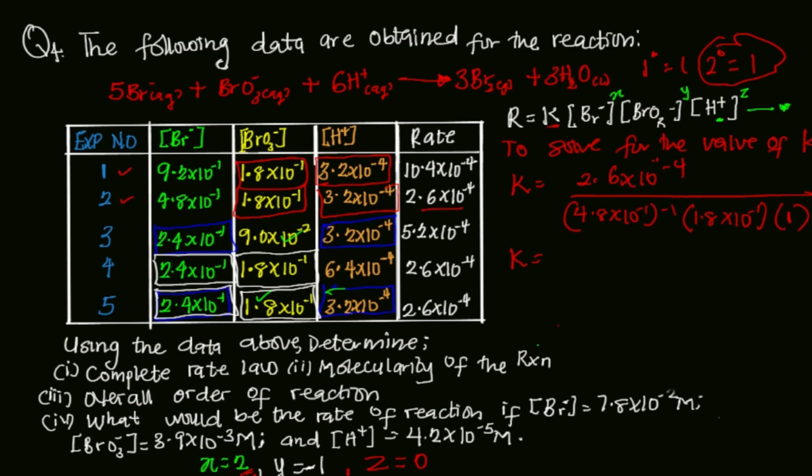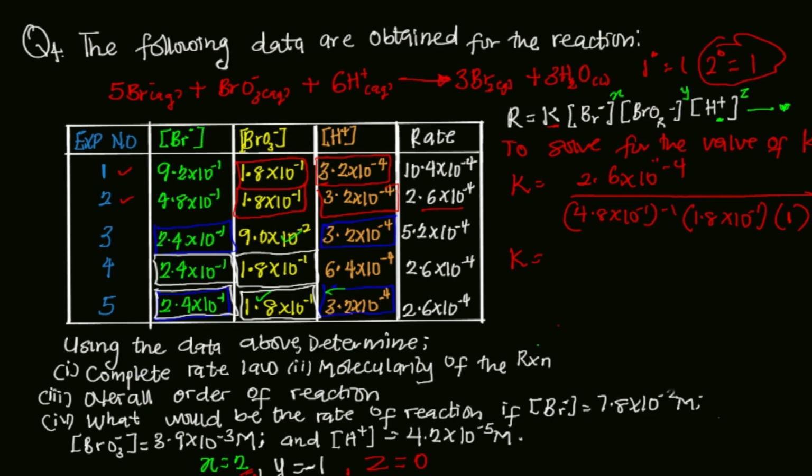So that's what we're going to have. Then this is going to be raised to the power of minus 1 actually, because the power of Y is actually minus 1. So we're going to have minus 1. So from there we're going to have the power of this to be raised to the power.